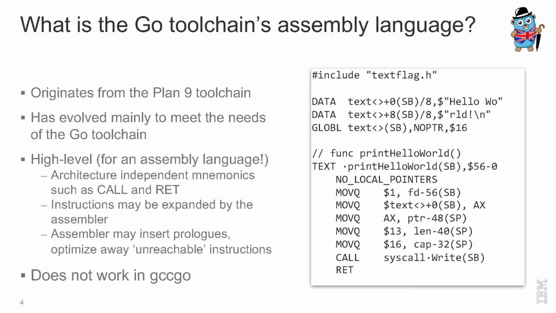A key thing about Go assembly is it doesn't work with GCC Go. GCC has its own assembly language. It is not Go's assembly language. So if you're going to write assembly language, it's something to bear in mind: if you try and compile it with GCC Go, it might not work. You might run into slowness if that's the way you're optimizing.